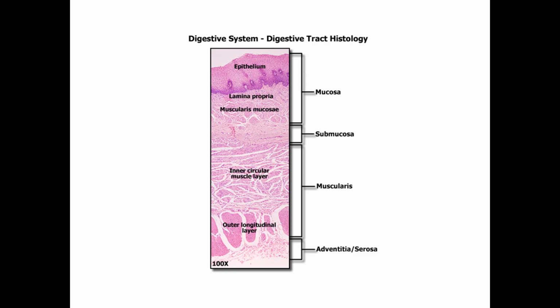In the upper 1/3 of the esophagus, this consists from the skeletal muscle. يعني in the cervical part of the esophagus, the muscularis externa consists from the skeletal muscle. يعني inner circular with the skeletal muscle and outer longitudinal layer with the skeletal muscle.